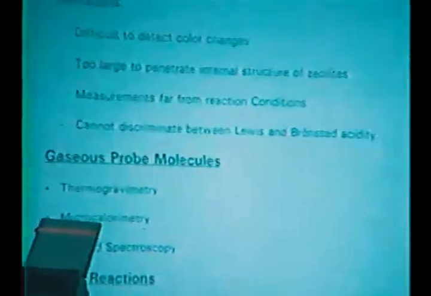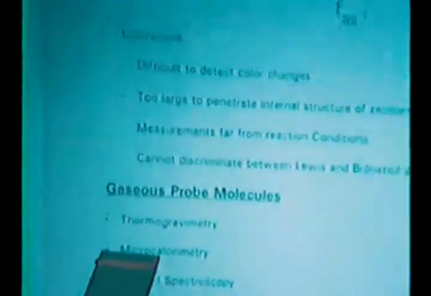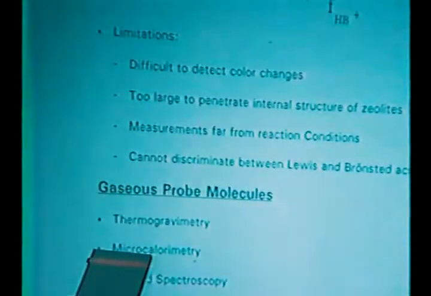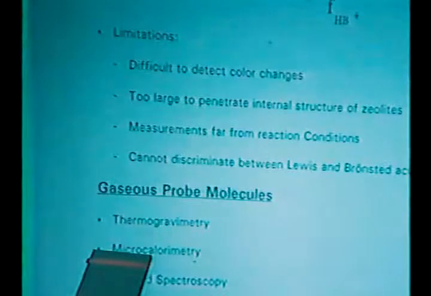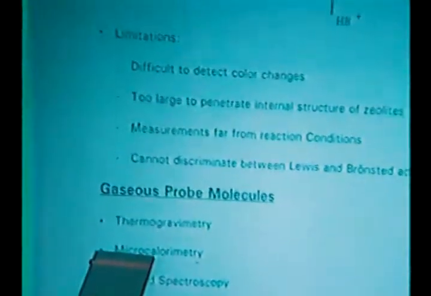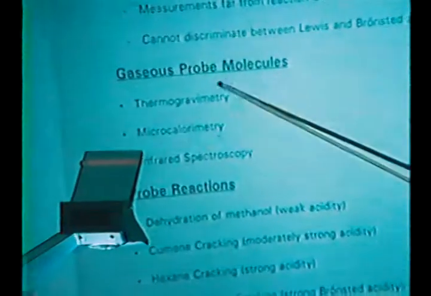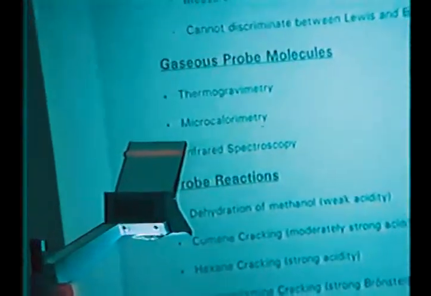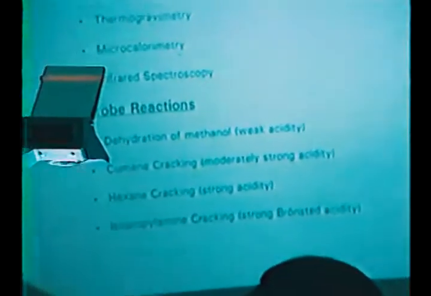Also, these indicator molecules are often too large to penetrate inside the internal core structure of the zeolite. And they could have steric problems that could interfere with the determination. We're normally far away from reaction conditions, and we definitely cannot discriminate between Lewis and Bronsted acidity when we use Hammett indicators.